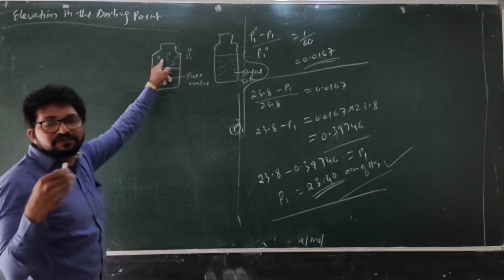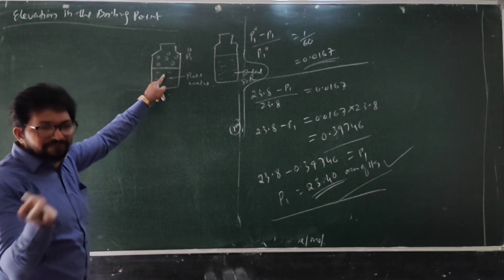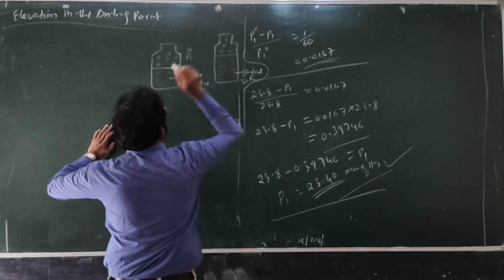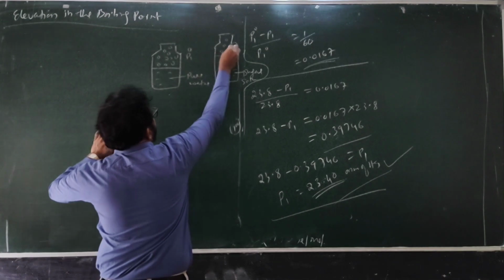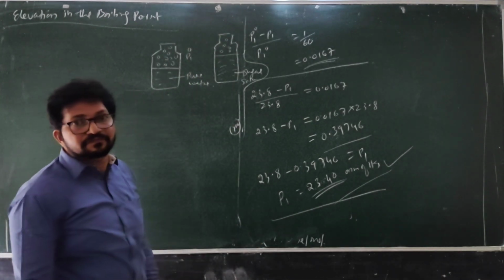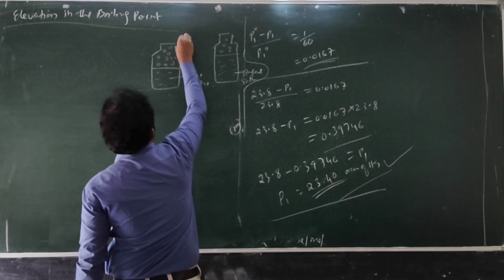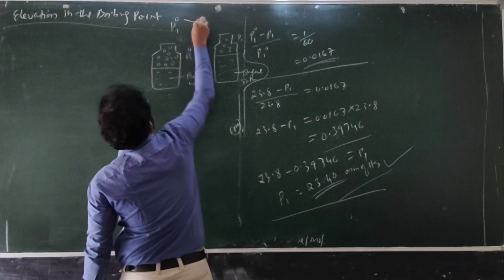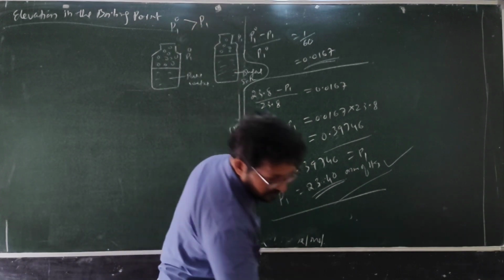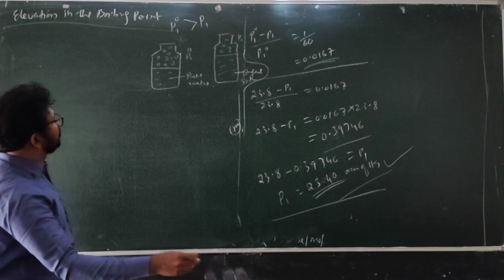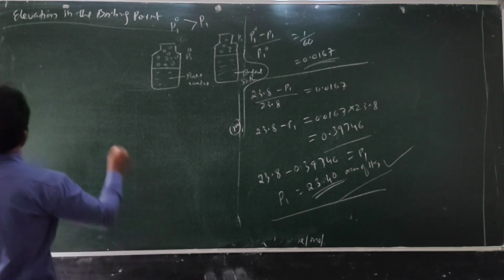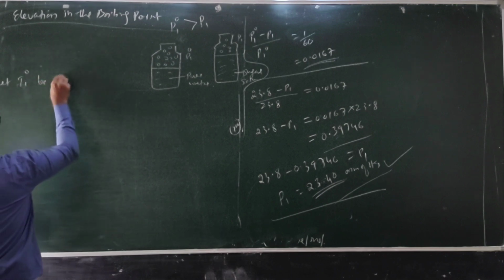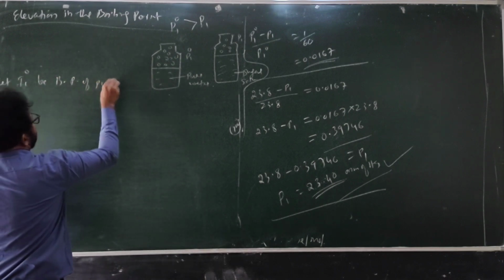Since the mole fraction of water decreases because of the entry of sugar, the vapor pressure of water decreases. So vapor pressure is P1. So you always know P1 naught is more than P1. Okay. Now try to understand very well. I write here: let T1 naught be the boiling point of your solvent, that is water.